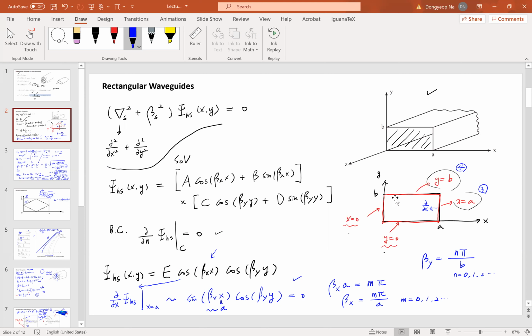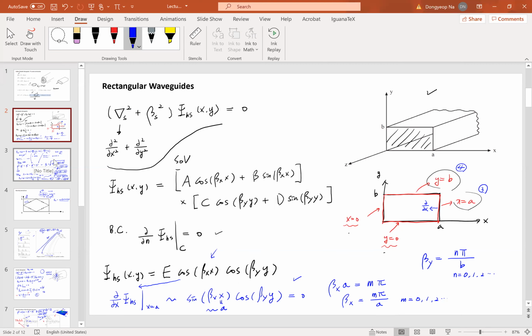Furthermore, another boundary condition on the third and fourth surfaces requires that the eigenvalues beta x and beta y of this function take the form of integer m times pi over a, purely related to the geometric parameter of this cross-section. Also, beta y is integer n times pi over b, the vertical dimension.